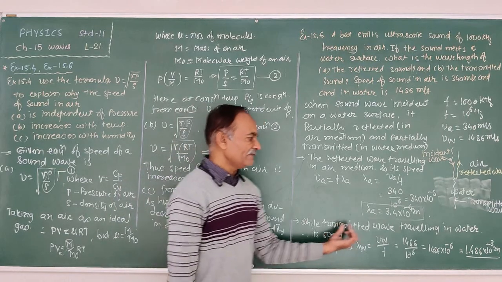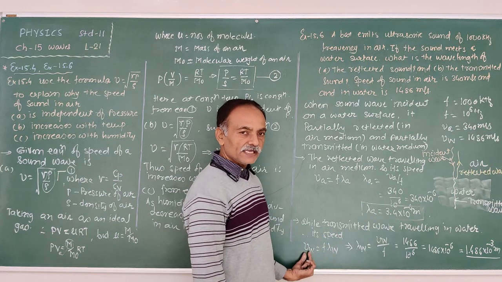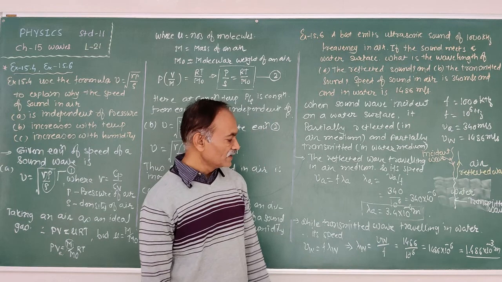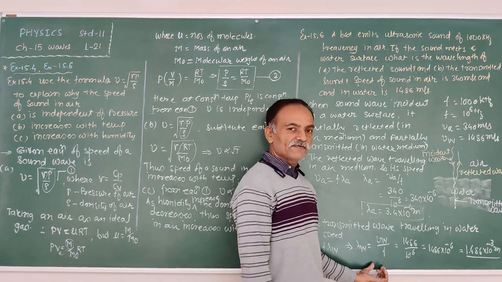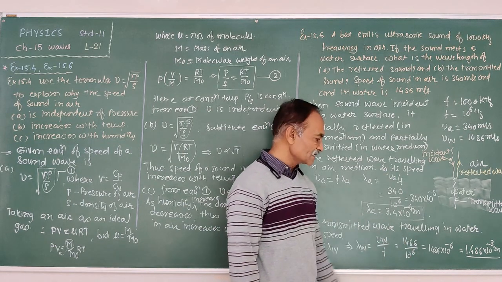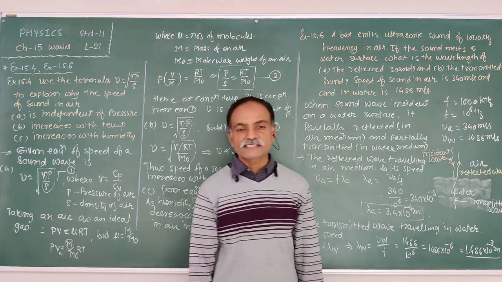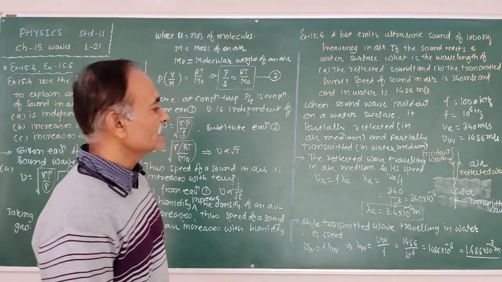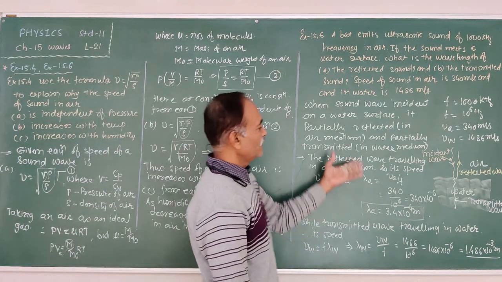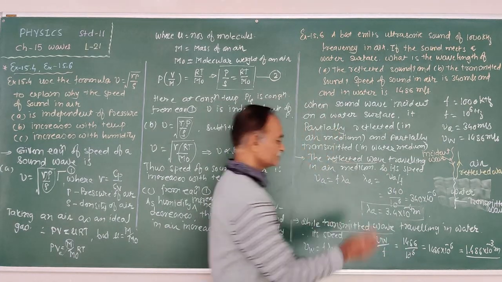While the transmitted wave travels in water medium, its speed VW is equal to F lambda W. Therefore, lambda W is equal to VW upon F. Substitute the value of VW, 1486 upon 10^6 is equal to 1486 into 10^-6, which means 1.486 into 10^-3 meter. So thus we can find the wavelength of the reflected wave and also the transmitted wave. Clear?